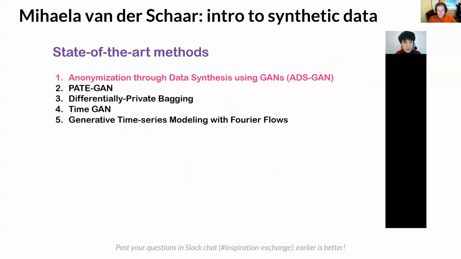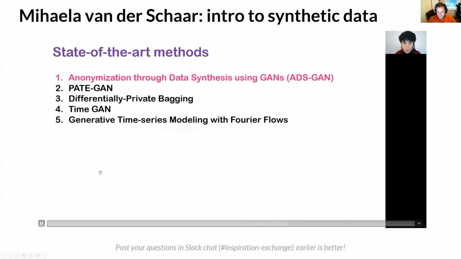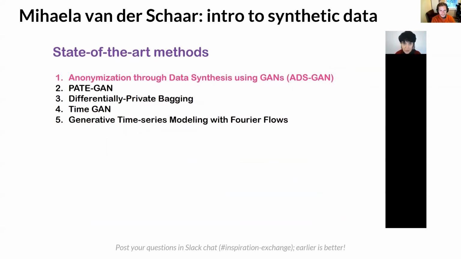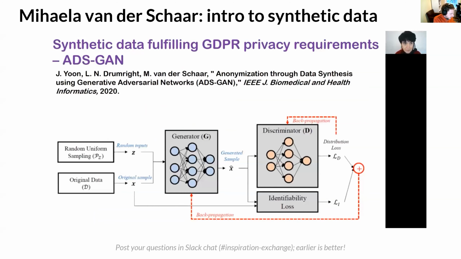Today, I'm going to talk about one technique that we have developed in our lab for synthetic data generation. This is for static cross-sectional data. And we call this method anonymization through data synthesis using GANs. This paper was written together with my former student, Jinsung Yoon, and our collaborator, Lydia Drumright.